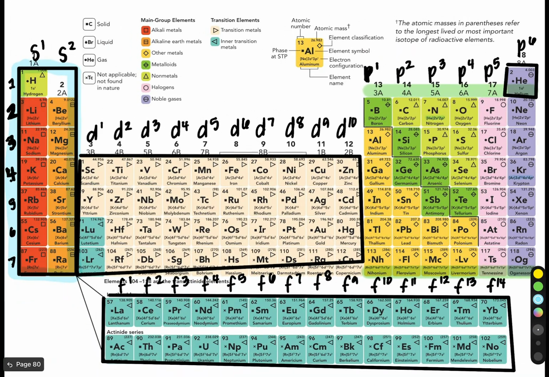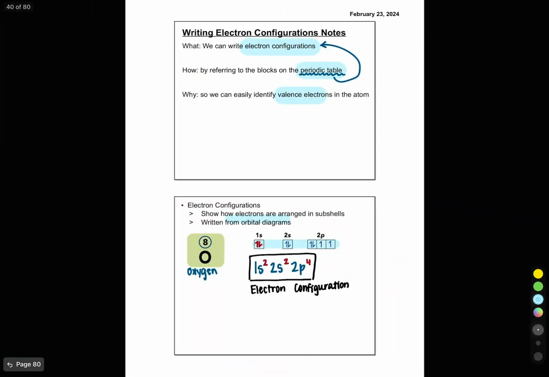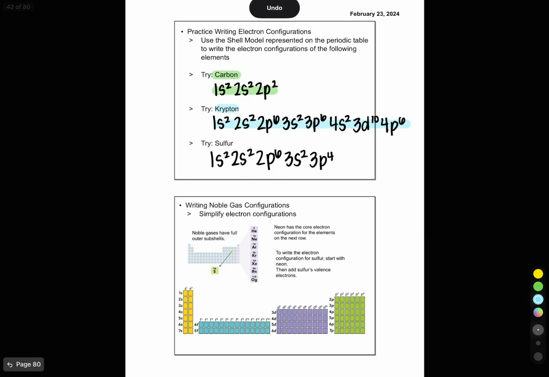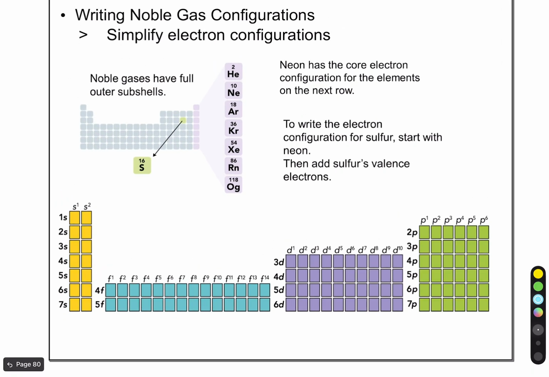So let's practice figuring out how do we write what's called a noble gas configuration. There we go. So what we're going to do when we're finding the noble gas configuration for an element is look to our noble gases.